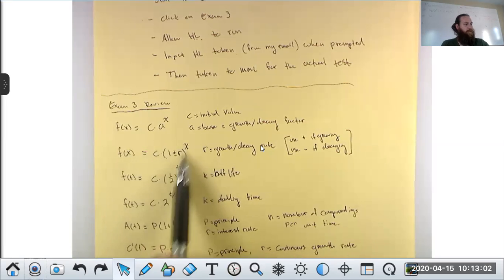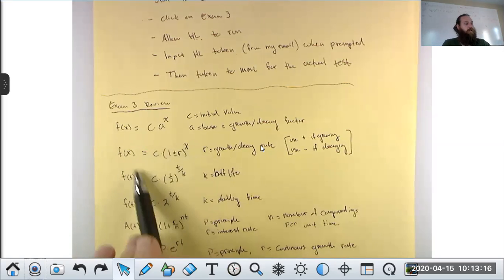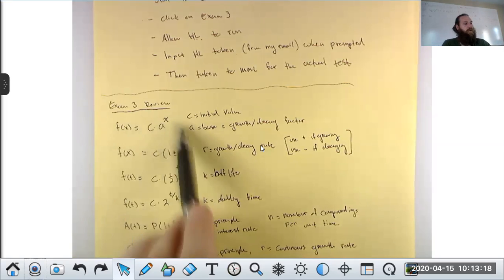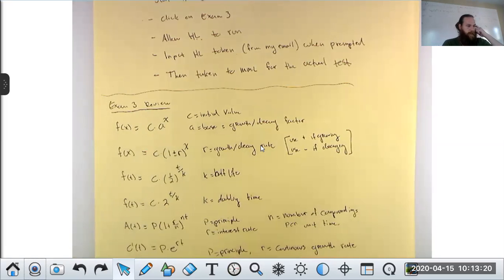This guy is for something that is increasing by a given percent per unit time. So if something's value is increasing by 10% per year or decreasing by 5% per week, then you would use this guy. And then this is just the definition of an exponential function.